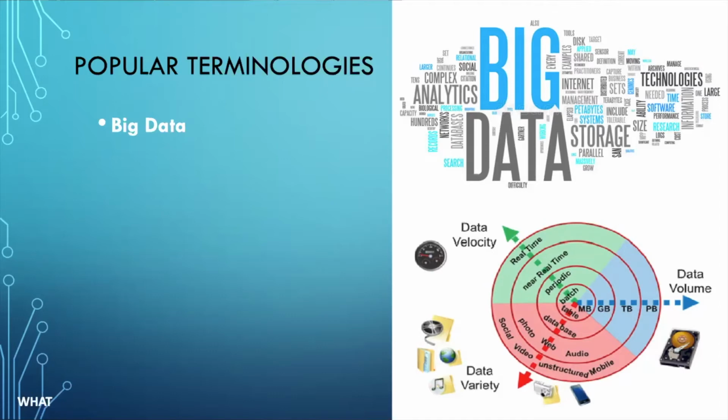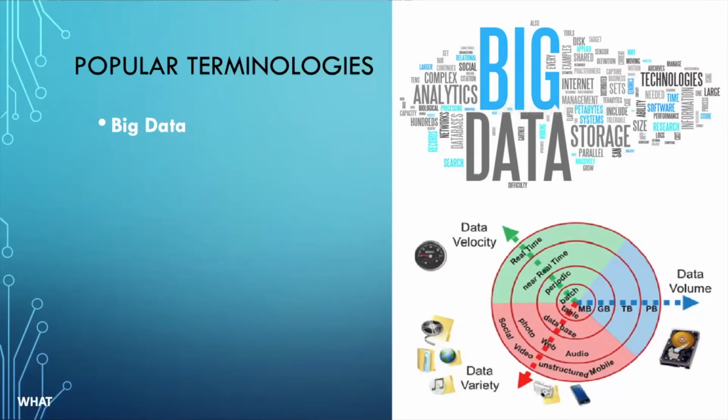For example, in 2016, Facebook had 2.5 trillion posts, so they need an extremely large volume to store their data. So 3 V's can be used to describe big data. First one is volume, which I just mentioned, the large volume of data that needs to be stored and/or processed.